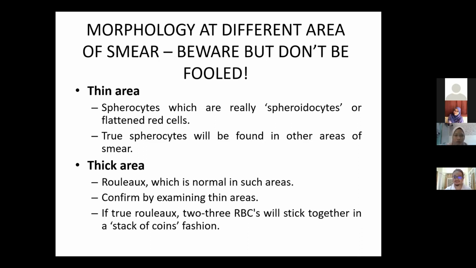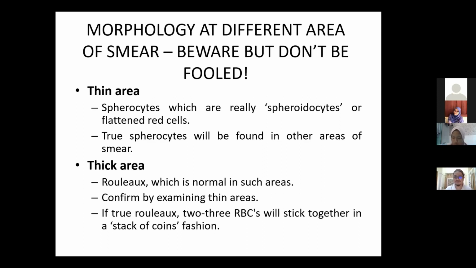At the thick area, it is common to see what we call rouleaux. We are not familiar with it because we don't go to casinos, but for those who know, rouleaux is like stacks of coins. Or like carrom pieces, which we often stack in tiers.